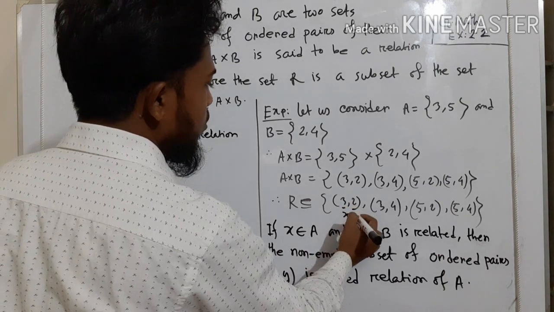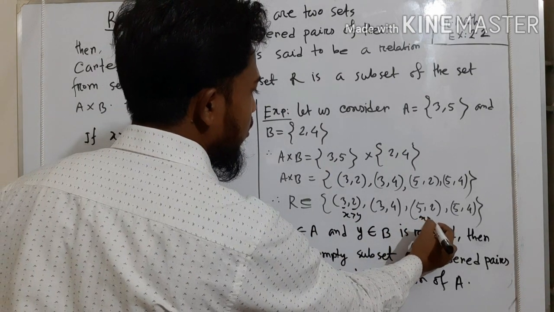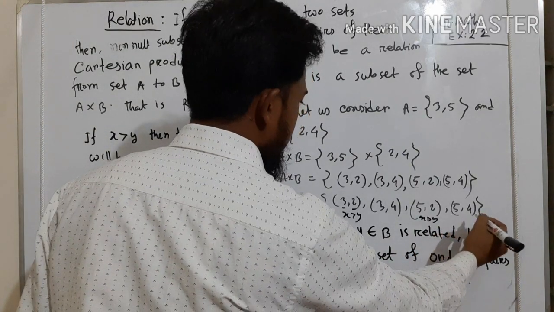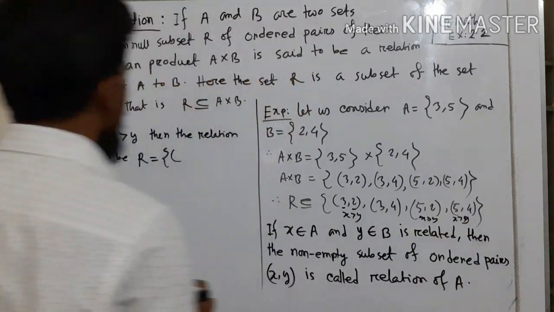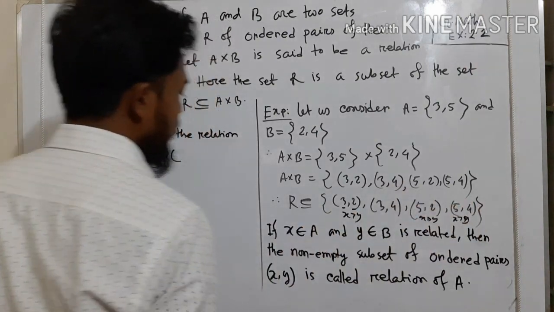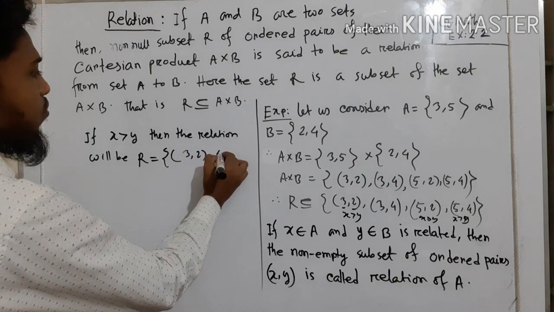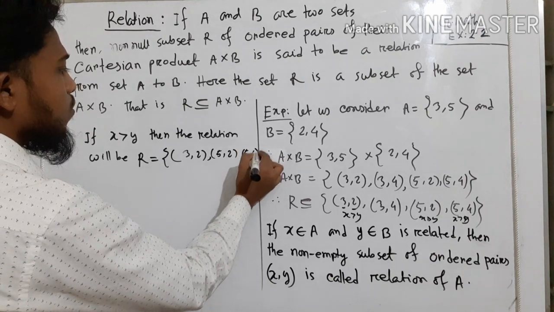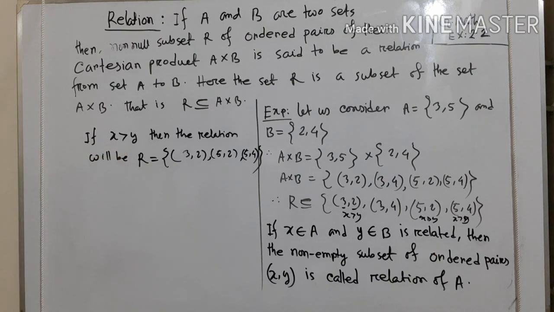So, here we see that x is greater than y, and we take these ordered pairs: (3, 2), (5, 2), (5, 4). This is our relation when x is greater than y.